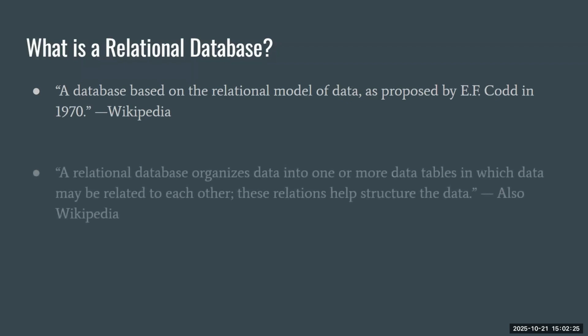Further down in the Wikipedia article, it says this, which is kind of more descriptive, but not really. Like what is relational data, and what's a table, right? And so I think the best way to describe these concepts is through an example, which is what we're about to do.